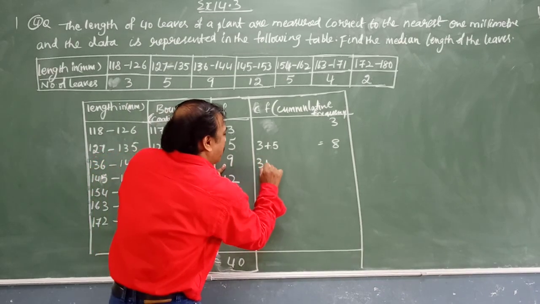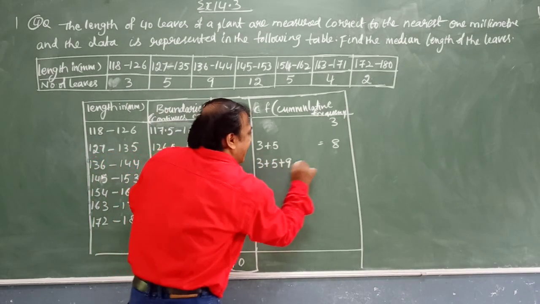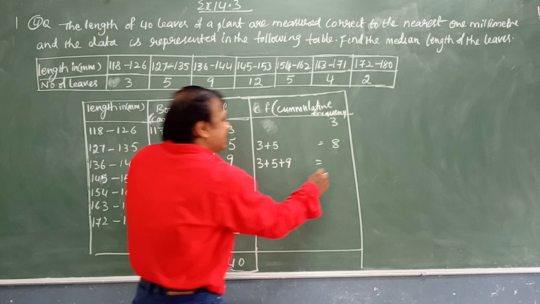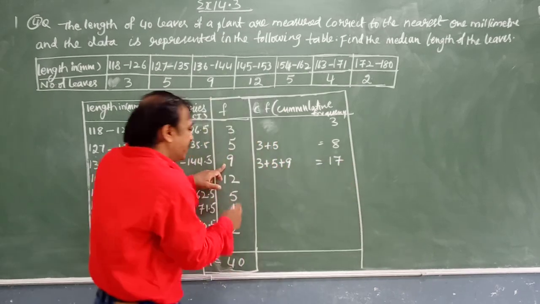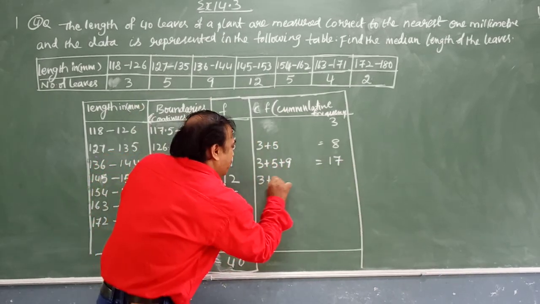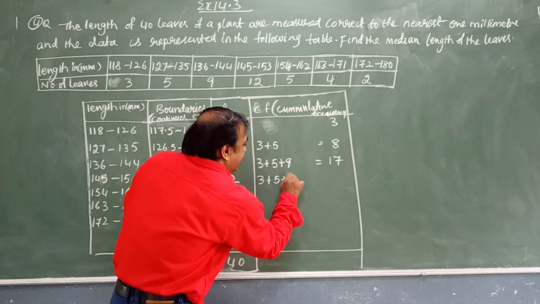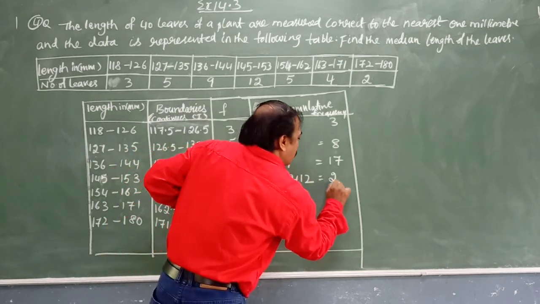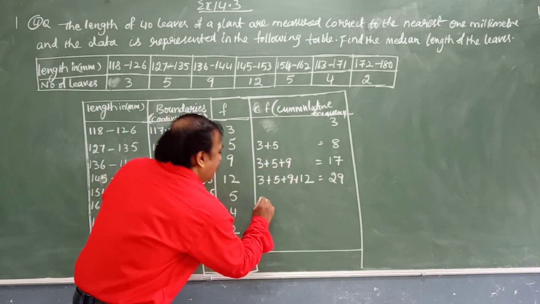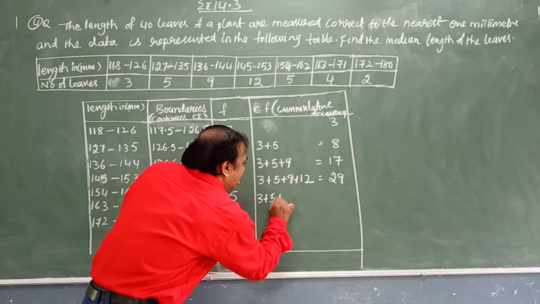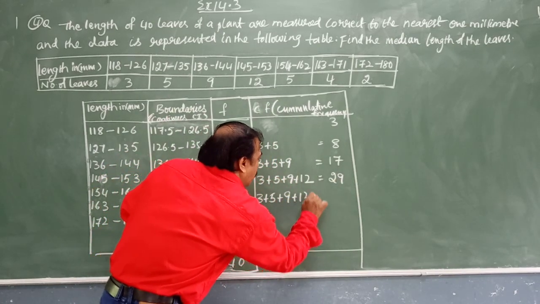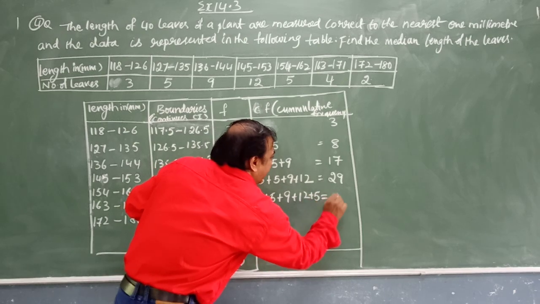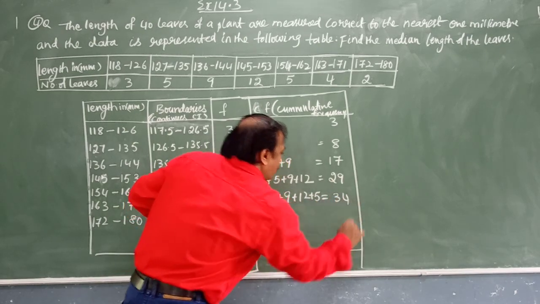Next, 3 plus 5 plus 9. That means 8 plus 9, which is 17. Then next, 3 plus 5 plus 9 plus 12, which is 17 plus 12, 29. Next, 29 plus 5, 34.